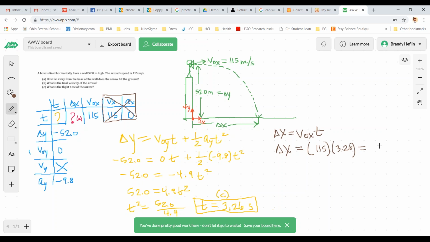And since the numbers given in the problem were 3 significant figures, I'm going to keep 3 significant figures throughout. So the 374.9 meters that I got here will become 375 meters. So there is my answer to part A.